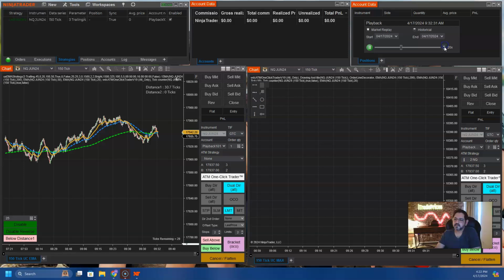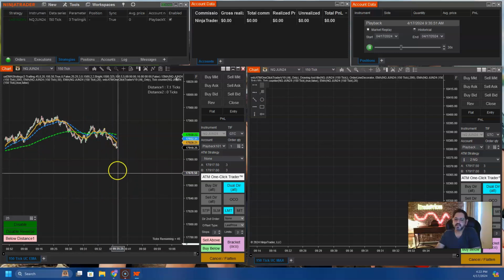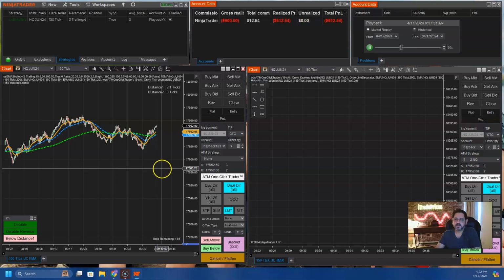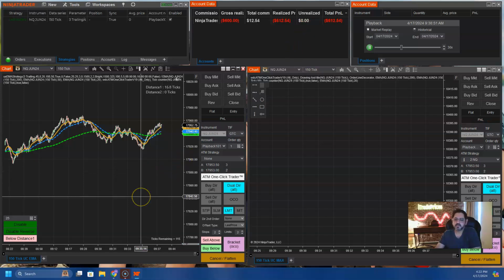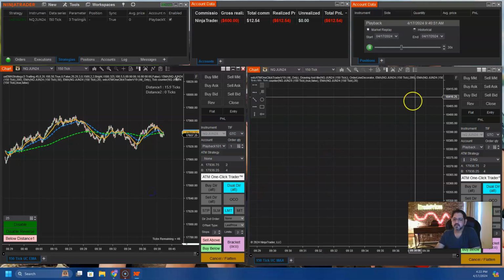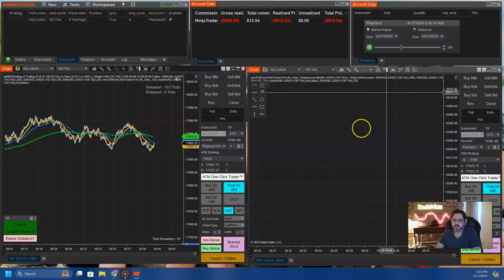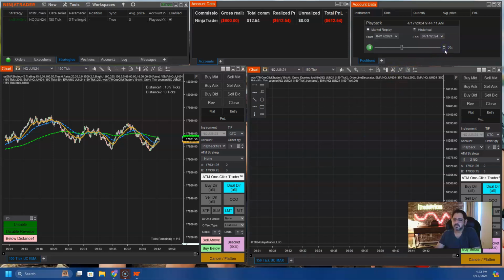Okay. All right. Let's keep going. It's 9:34. So when this move to the downside comes, it will not take that trade. Okay, this was a stop. Okay. Probably take another trade here.